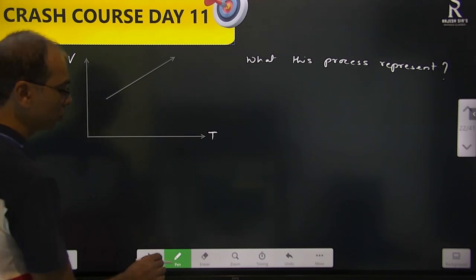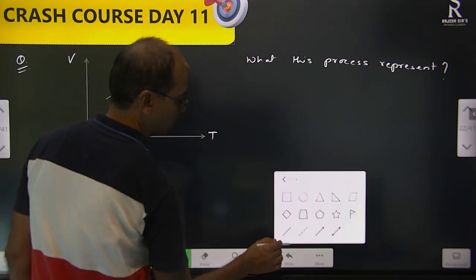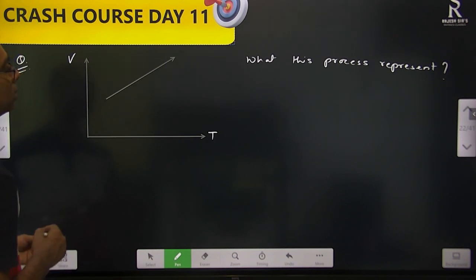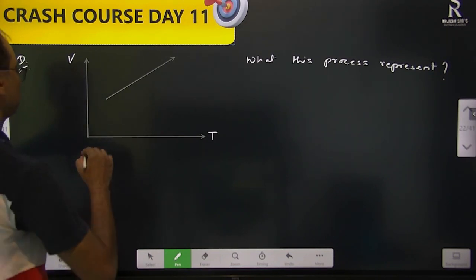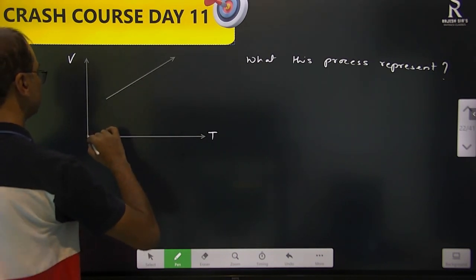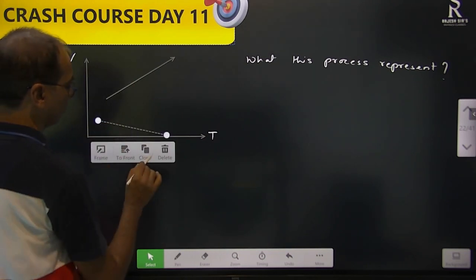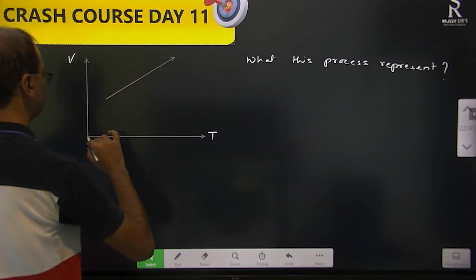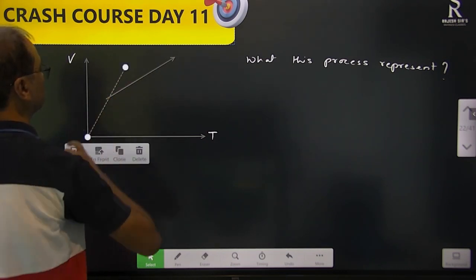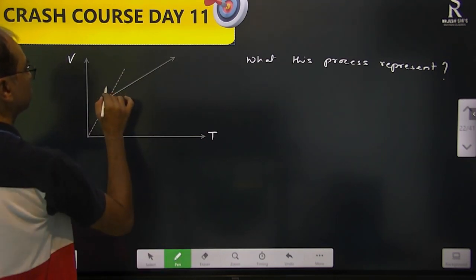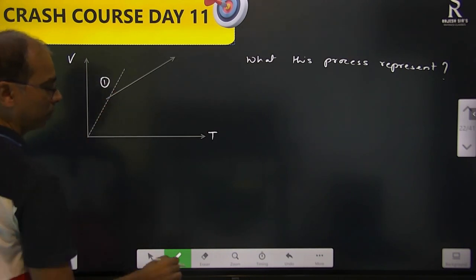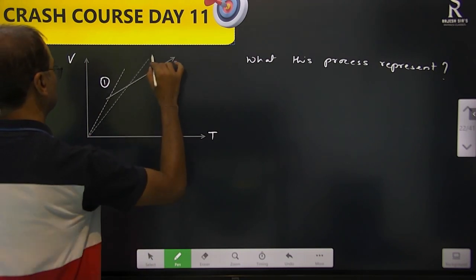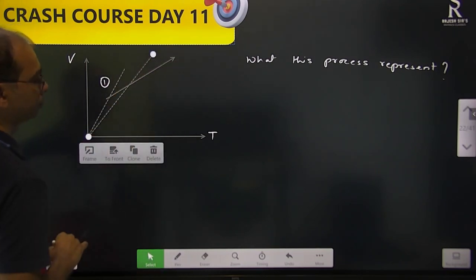Okay, what to do? See, what I'll do is, I'll make 3 lines here which start from the origin, and I'll cut at different points. So let's make one, like this. This is one. One more we'll make, like this.